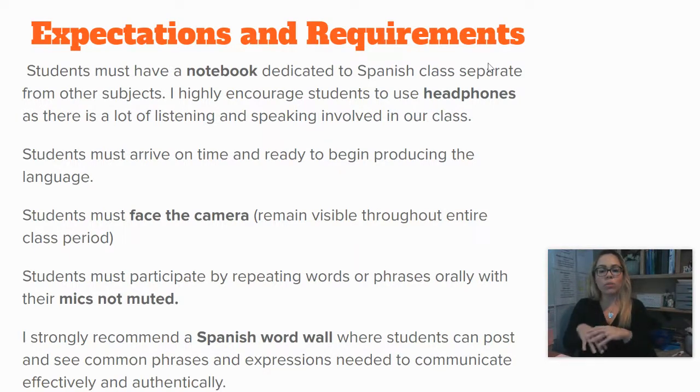I'm asking them to produce a Spanish word wall where students can post and see common phrases and expressions needed to communicate with me effectively and authentically. This will help break the barrier of not knowing how to answer a question in Spanish. I'm giving them different strategies. So if they can see it while they are speaking to me, it will be a lot easier for them to produce the language.